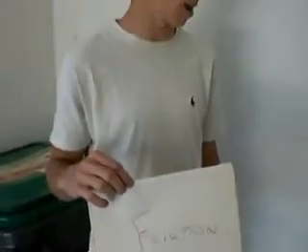Alright, we're going to demonstrate friction by testing out 3 different mu's. The first one is going to be just the cement floor. Then we're going to go outside and test the gravel and then the grass. Alright, so let's test out the cement first.